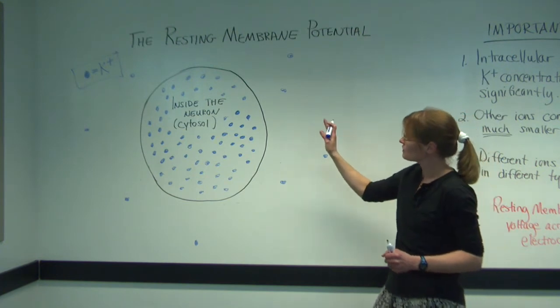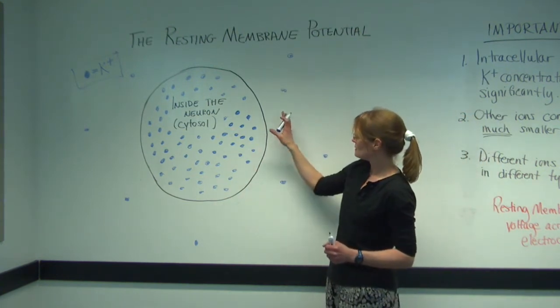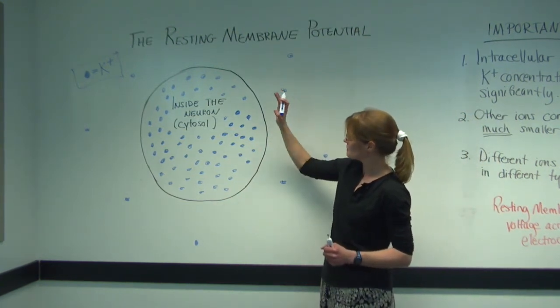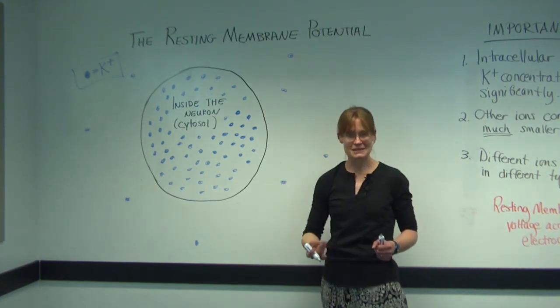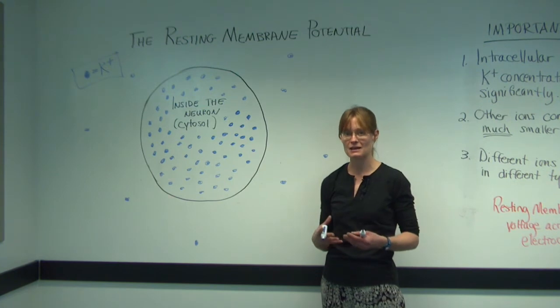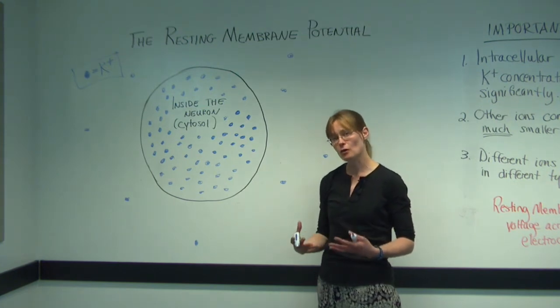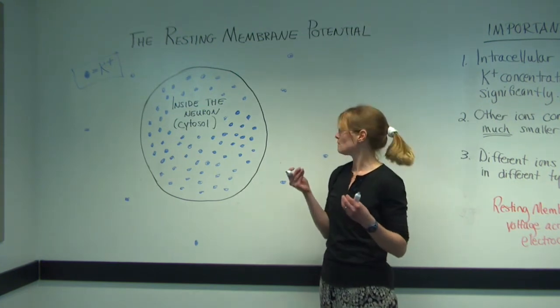And we know that this membrane that separates the cytosol from the extracellular fluid is permeable to potassium because we have those potassium leak channels that are open in our resting neuron.